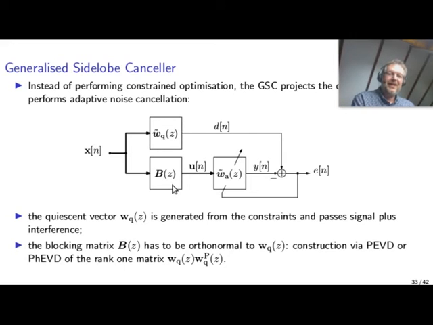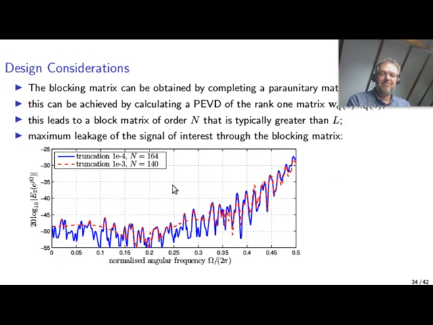By sufficiently well, I mean we deal with polynomial approximations, and I give you an indication of this in a moment. Thereafter, we operate our standard noise canceller with an adaptive processor W sub A here.